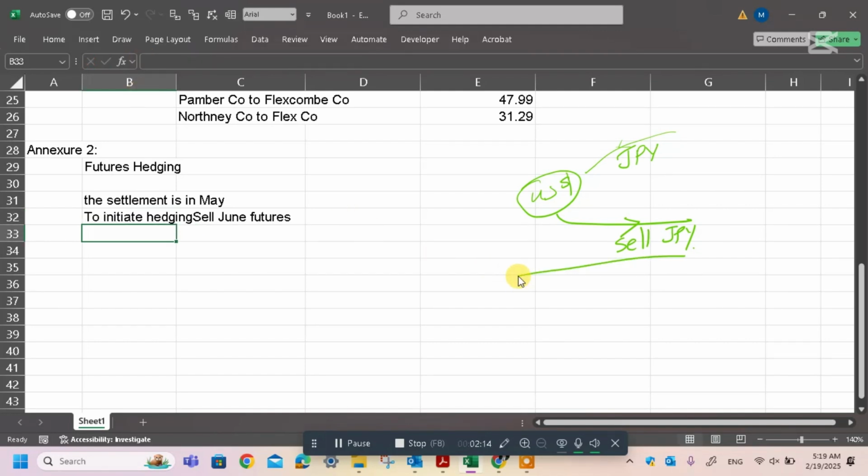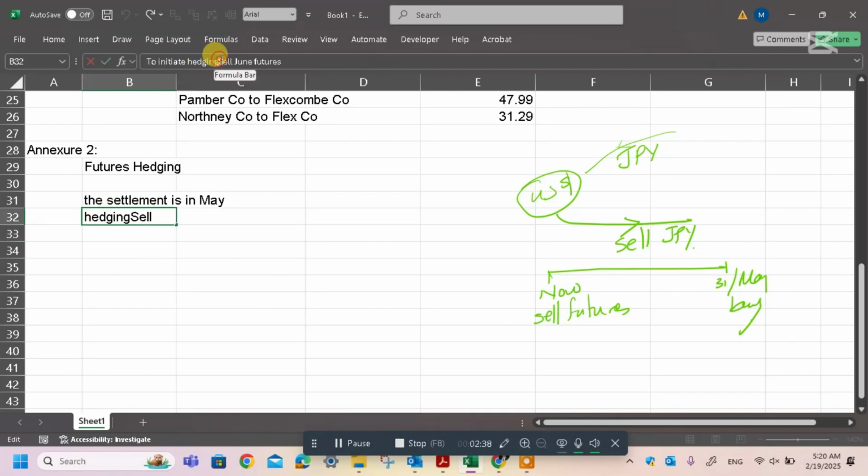That means whatever the date today, now, sell futures. And on that settlement day, they have to buy it back. This is what they have to do in order to hedge their position in this particular transaction.